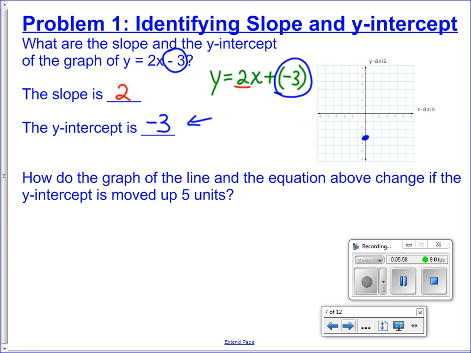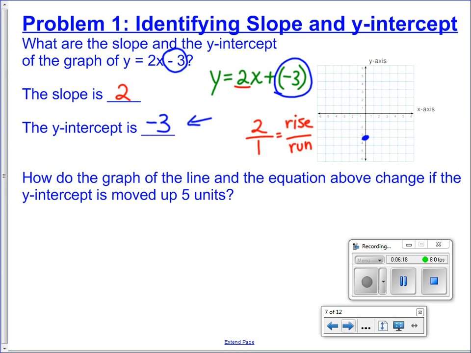Now, next we're going to use the slope to plot more points on the line. So the slope is 2, and 2 can be written as 2 over 1. So therefore, we have a rise of 2 and a run of 1.